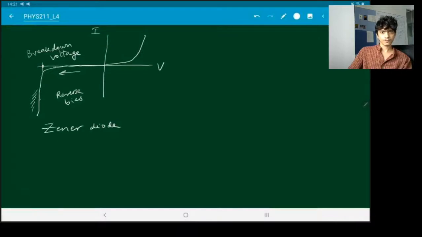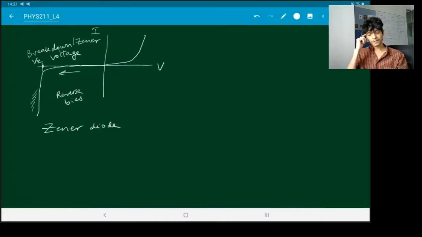It can go all the way from a few volts to hundreds of volts. So this breakdown voltage is also called the Zener voltage, VZ.